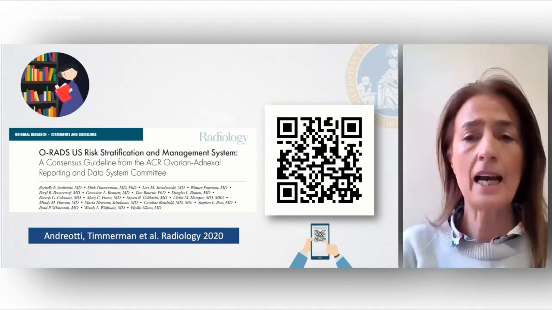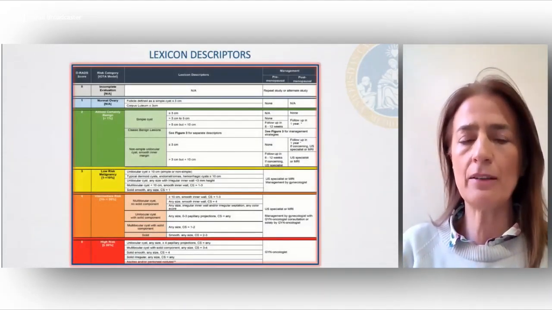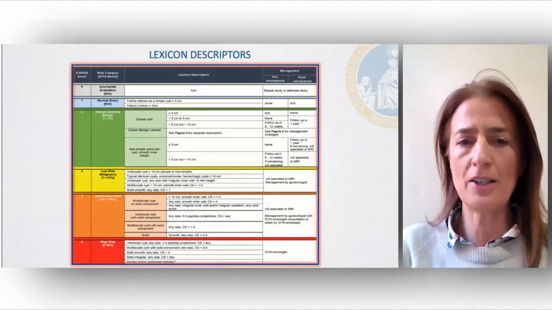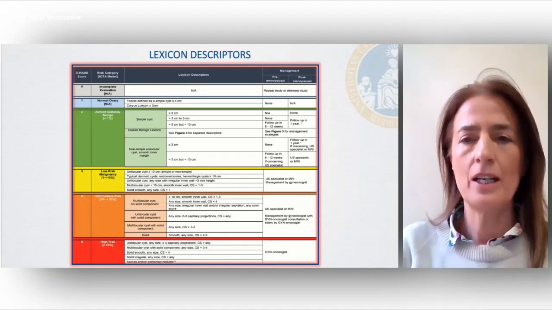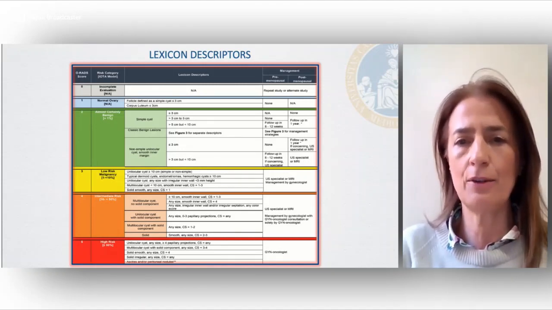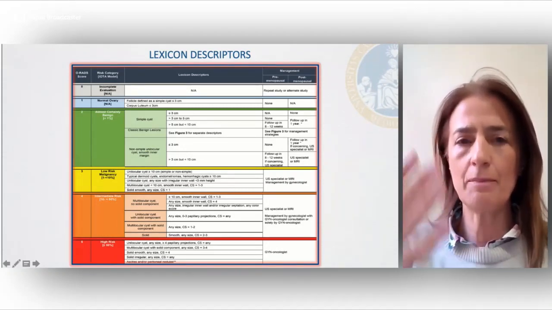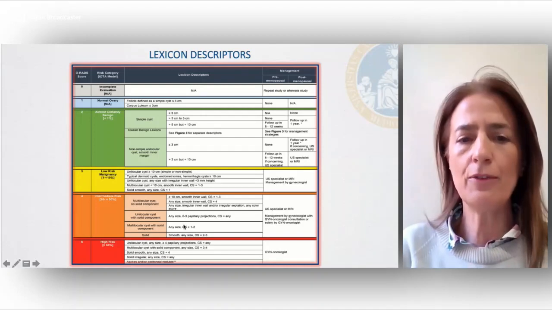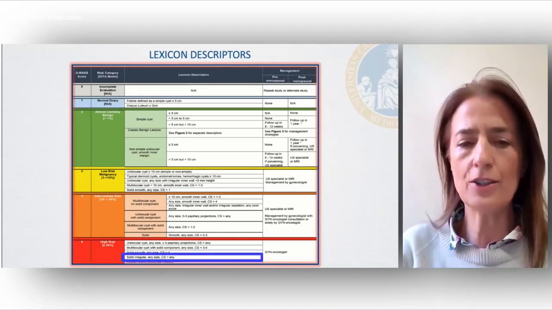I don't know whether we already described that, but inside it's a lexicon. So if you don't have any computer, you can't calculate ADNEX. You can scroll this piece of paper and look for the correct description, and we can find that the lesion is located here.